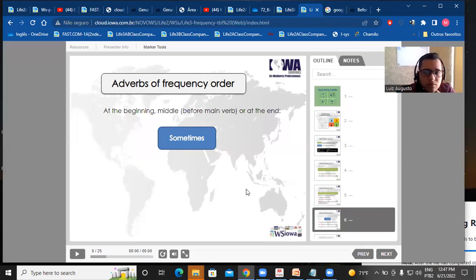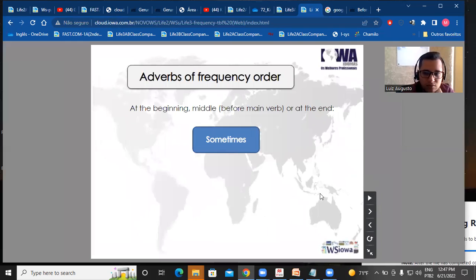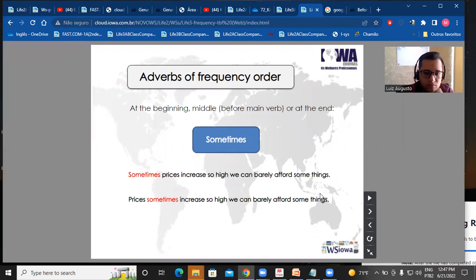Beginning, middle, or before the main verb, or at the end. Sometimes is an adverb of frequency that you can put anywhere. Sometimes prices increase. Prices sometimes increase so high. Or prices increase so high sometimes.